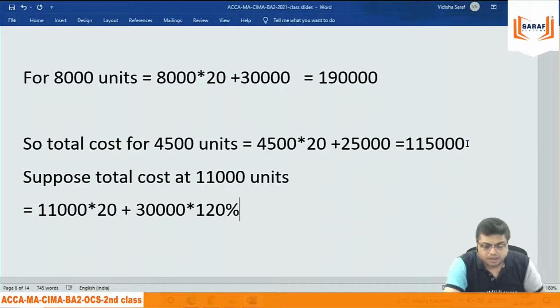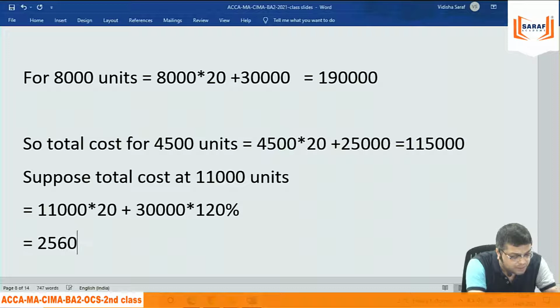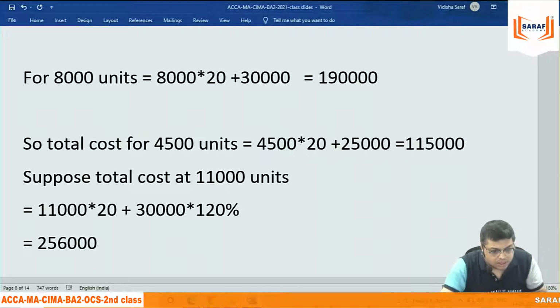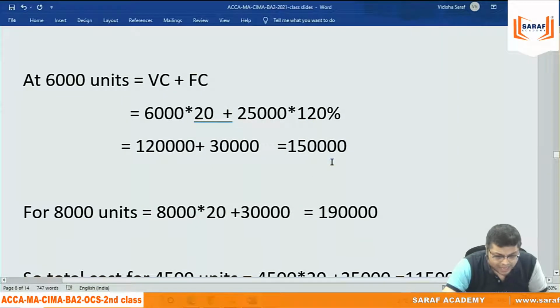Why? Because already 25,000 becomes 20% more from 5,000 to 10,000. Now 11,000 means 10,000 to 15,000, again 20% more. So it is 11,000 into 20, that is 2,20,000, plus 36,000, this will be coming 2,56,000.